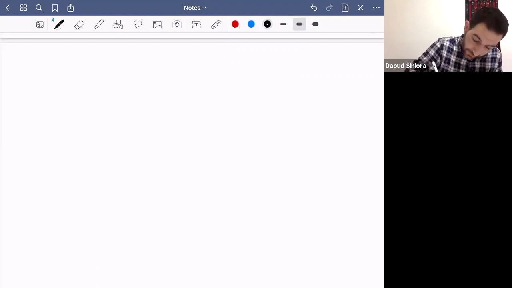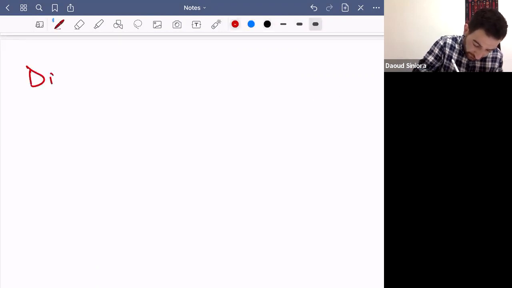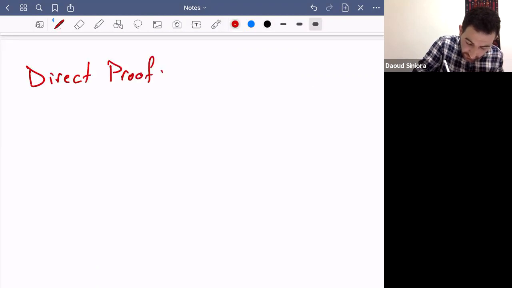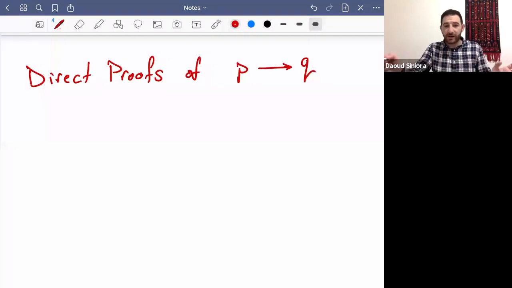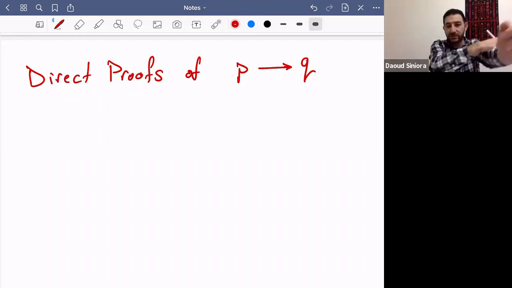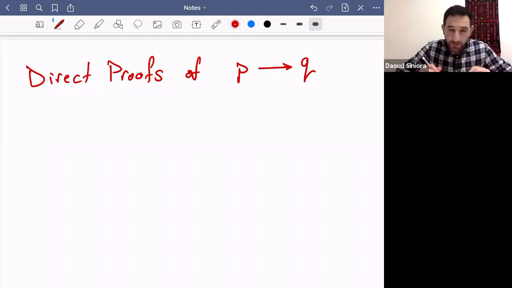So now, direct proofs of conditional statements of the form P implies Q, where P and Q are any statements. What is the idea here? What is the direct proof strategy?